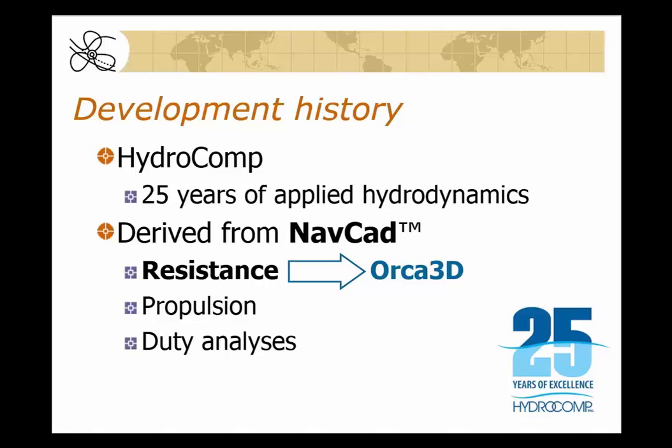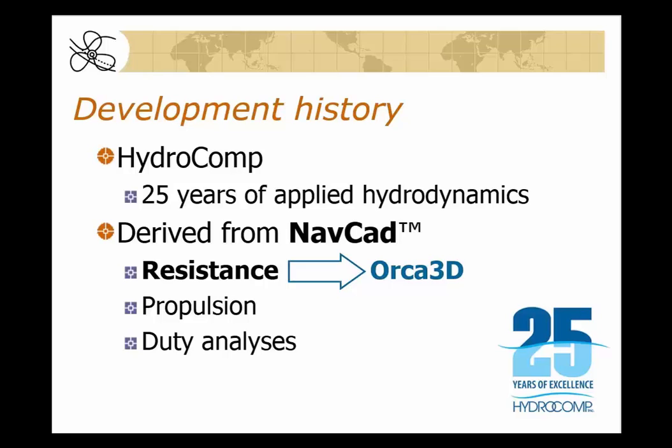And I know that some of you are running NavCAD right now. NavCAD provides very comprehensive resistance, propulsion, and duty analyses, and it's from the resistance parts of NavCAD that we have extracted the features that we've incorporated into Orca3D. So it's built from a very stable, very mature, very long-standing code library.